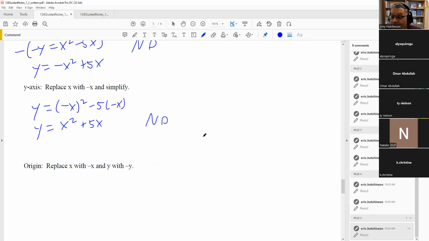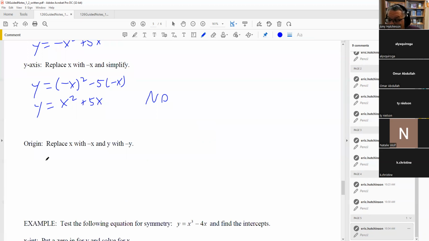Then I want to do the very last one, where I'm going to put a negative in for the y and a negative in for the x. So for this, I have negative y equals negative x squared. Oops, wrote that wrong. Square goes on the outside. And then I have minus 5 times negative x. If I simplify it, I get negative y equals x squared plus 5x.